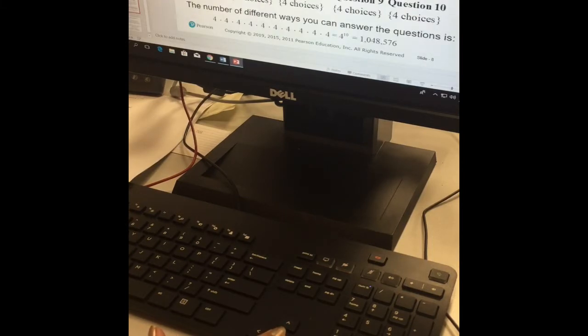Okay, in this example, we have a multiple choice test. You're going to take a multiple choice test that has 10 questions, but for each question, there are 4 answer choices with 1 correct answer per question. If you select one of these 4 choices for each question and leave nothing blank, which you shouldn't do anyway, right? How many ways can you answer the questions?